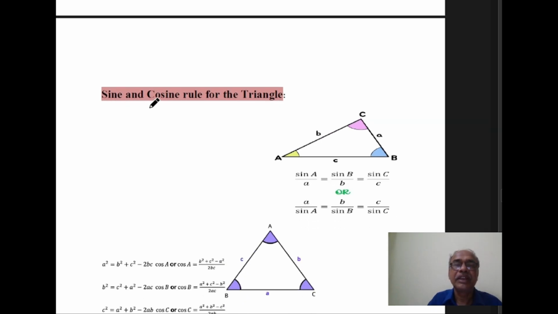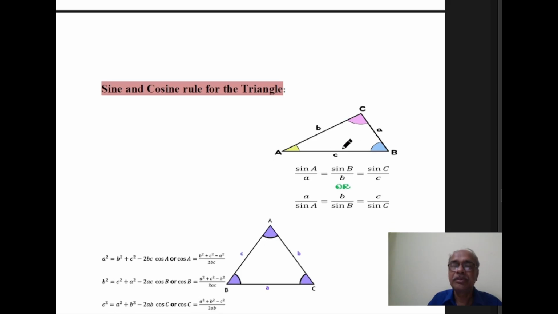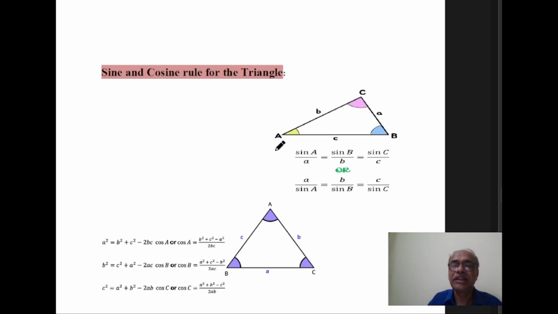Another thing is the sine and cosine rule for a triangle. Here you see ABC is a triangle. The angles of ABC are different, it is not a right angle. So how can we find out? Two rules are there, one is the sine rule and another is the cosine rule. For the sine rule, this angle is A, opposite side is small a. Angle is B, opposite side is small b. Angle is C, opposite side is small c.